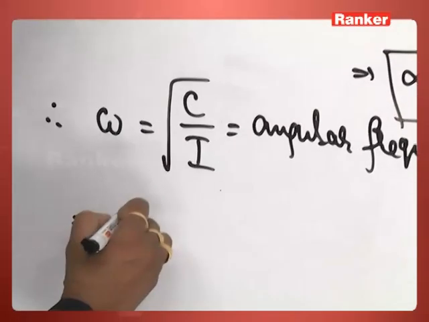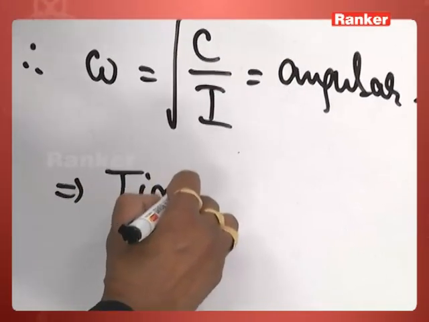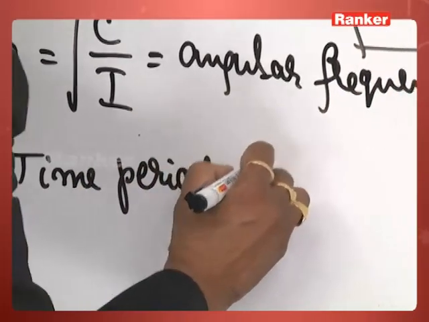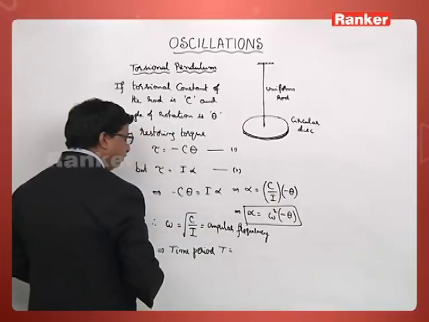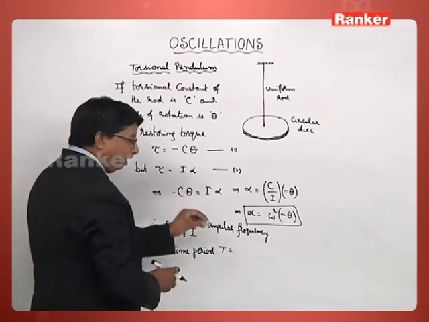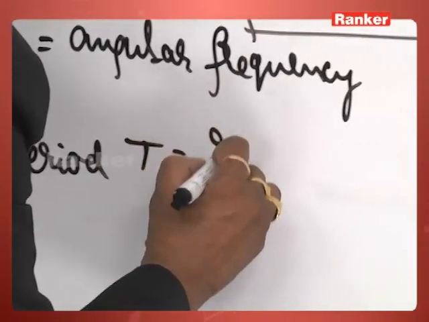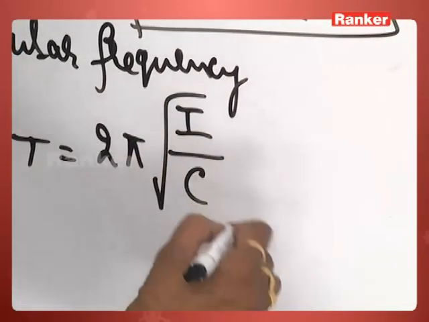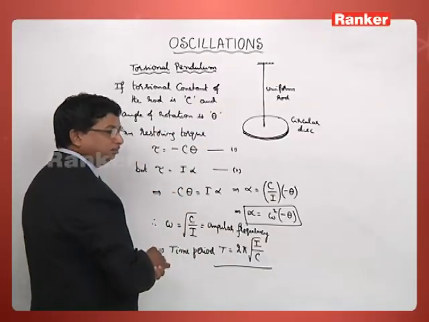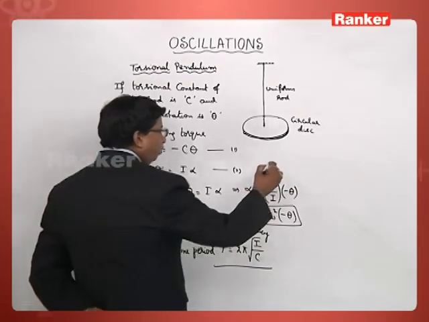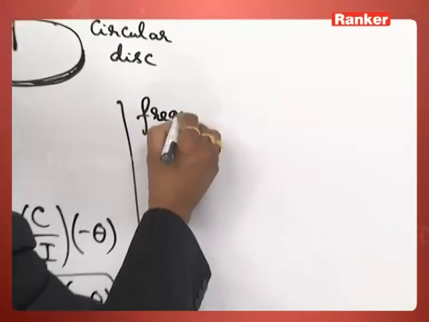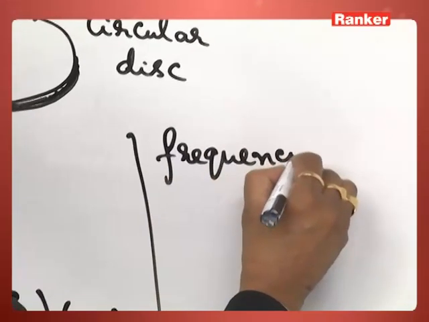And what would be the time period in this case? Time period T is equal to 2 pi by omega, which is 2 pi under root I by C. And what would be the frequency?